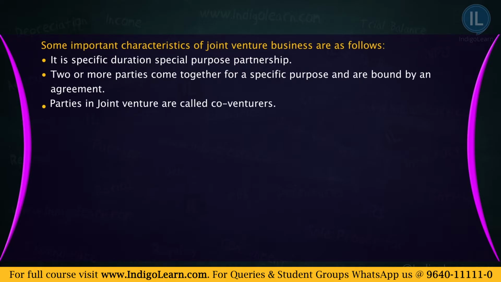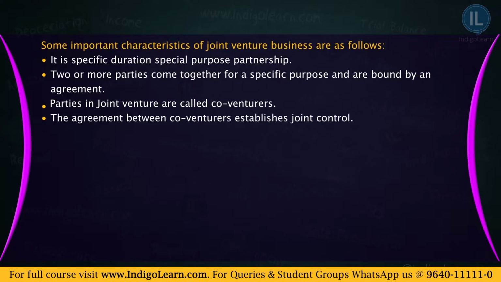So two or more parties come in and they start a joint venture. These parties are called co-venturers. And the third part is that they have an agreement amongst themselves. So how do we run the business? How do we control the business? Everything is governed by the agreement between these co-venturers. Like in the case of a partnership, we have a partnership deed. Here we will have an agreement between the co-venturers.